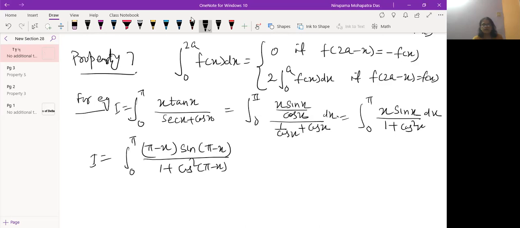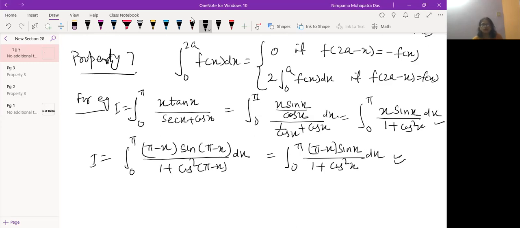You know which property we are using? So 0 to pi, pi minus x, sin of pi minus theta is sin theta, so it is sin x. 1 plus cos of pi minus x is minus cos x, but the square of that will remain cos square x. So here you see 1 plus cos square in the denominator, here also 1 plus cos square in the denominator.